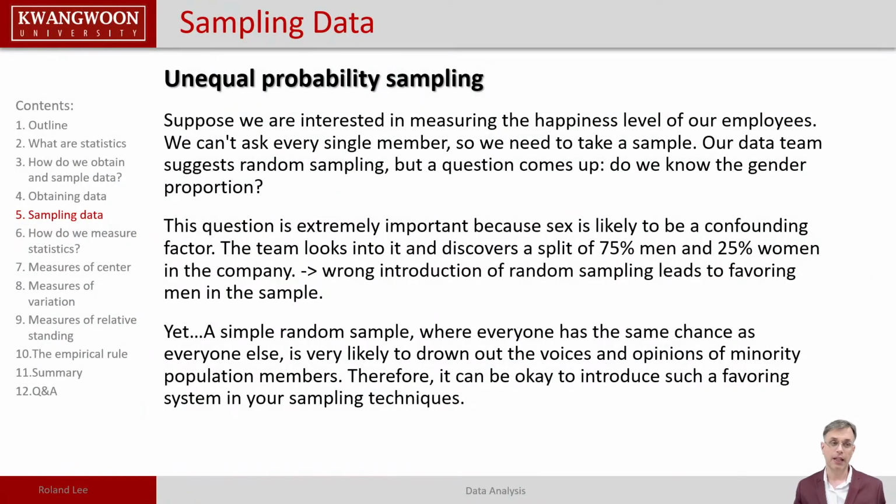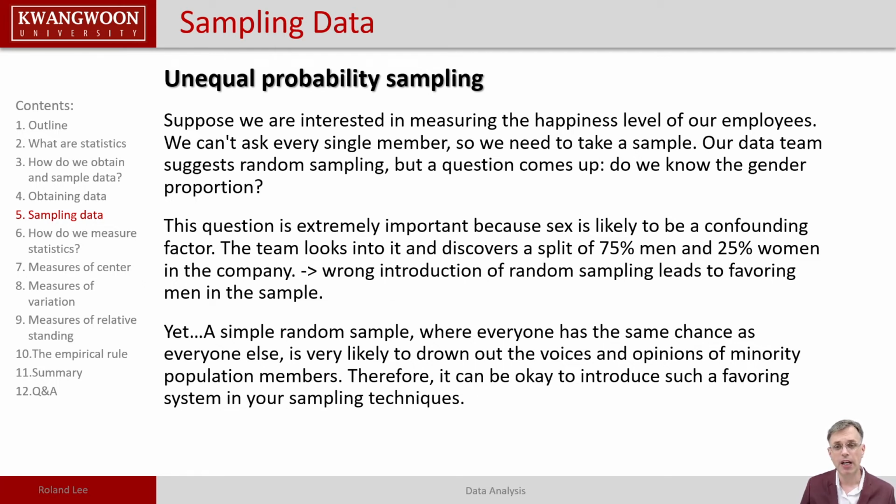Now, let's talk about unequal probability sampling. Recall that we previously talked about how probability sampling might have different probabilities for different potential sample members. But what if this actually introduces problems?